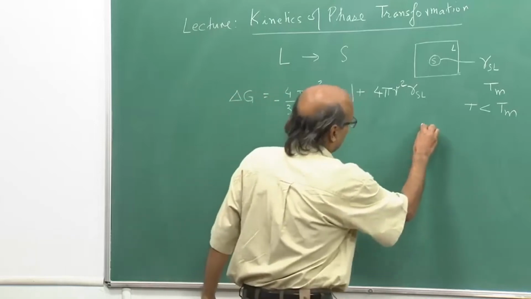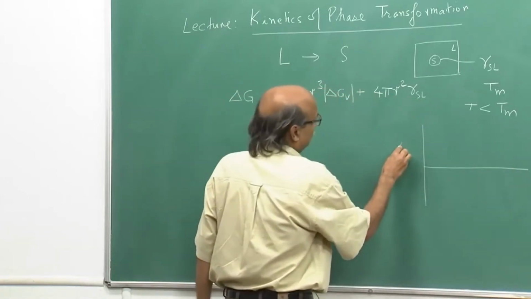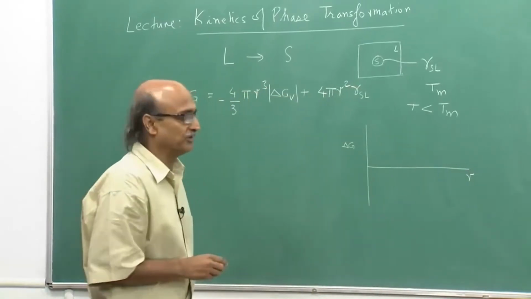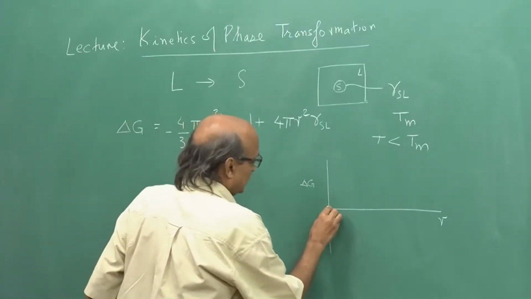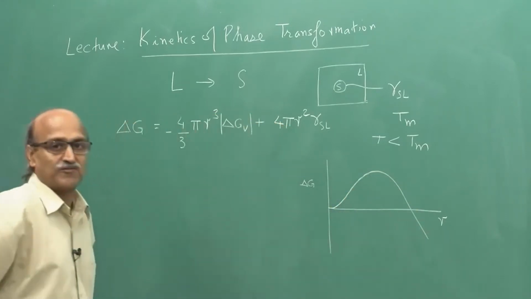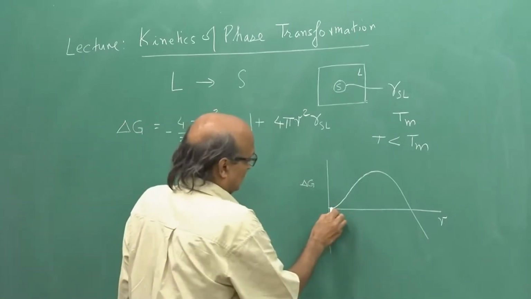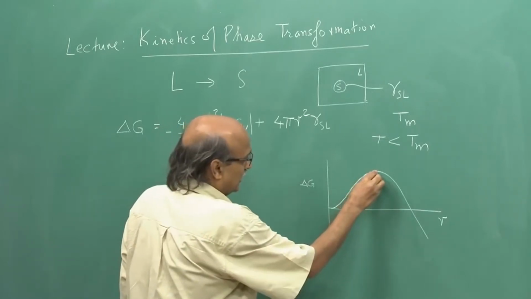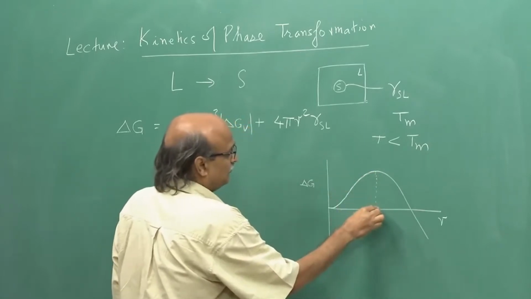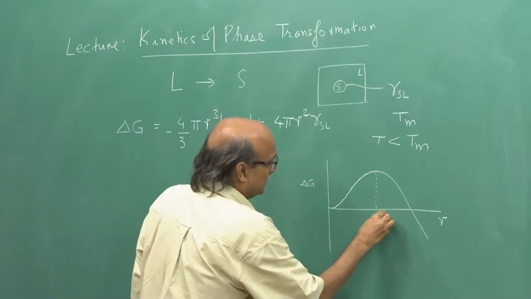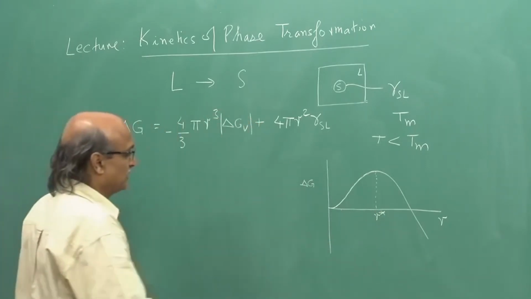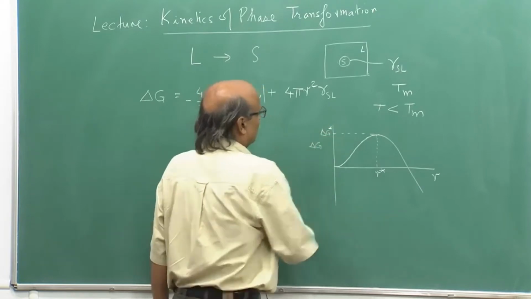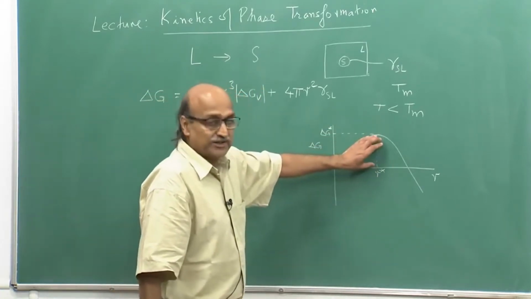So, as Professor Mandal has already told you, if I were to plot delta G versus the size of the nucleus or the radius of the spherical nucleus, then we get a curve like this showing that initially for small radius we have a positive delta G until it reaches a peak, which is characterized by a value R star indicating that this is the critical size nucleus, and corresponding to this critical size is delta G star, which is the size of the energy hill.